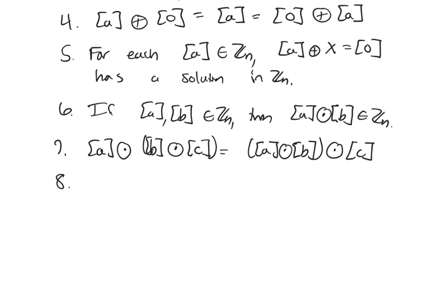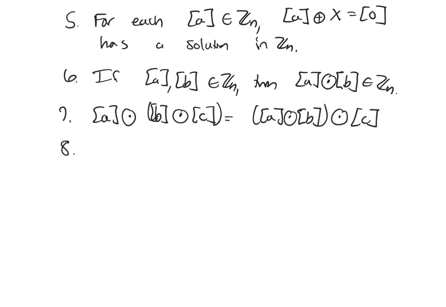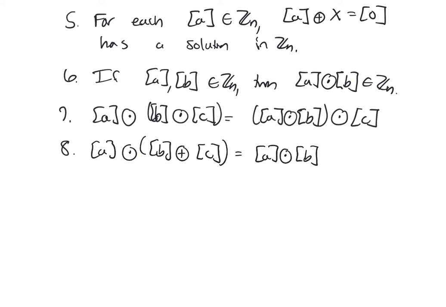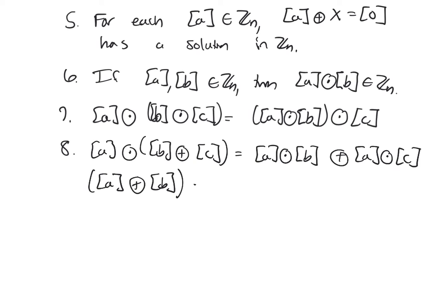Rule 8 is our distributive rule, so if I take A times B plus C, it's the same thing as A times B plus A times C. And on the other hand, if I have A plus B times C, you can distribute the C as well.